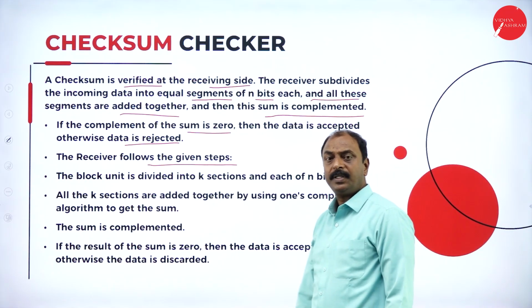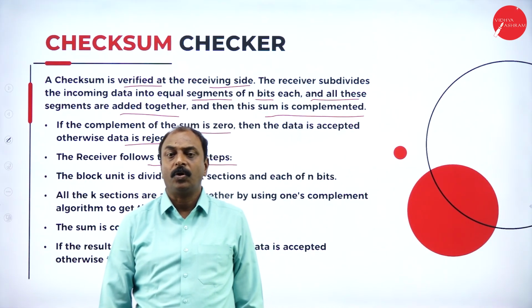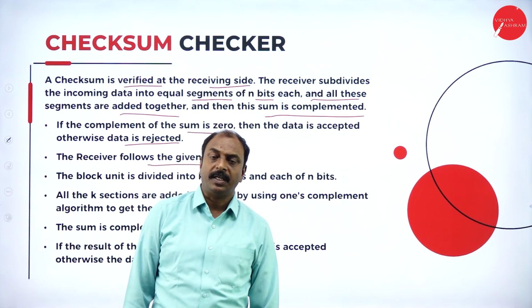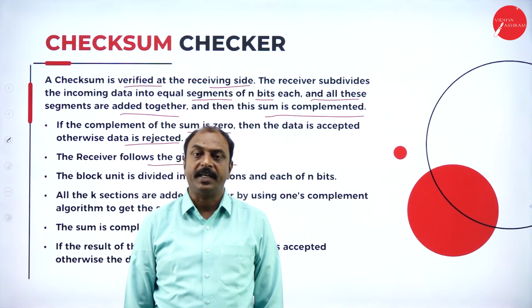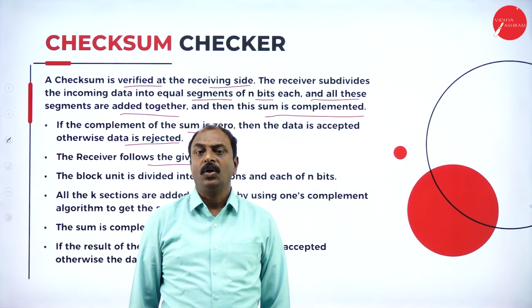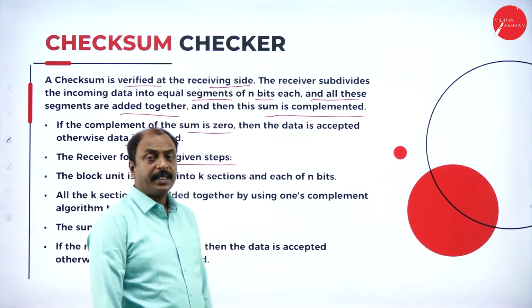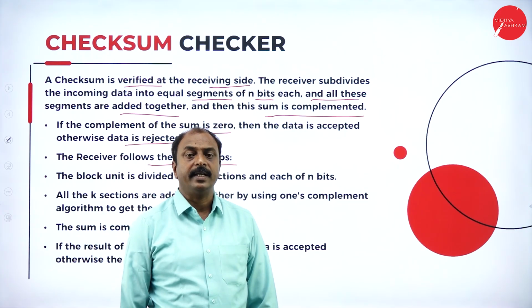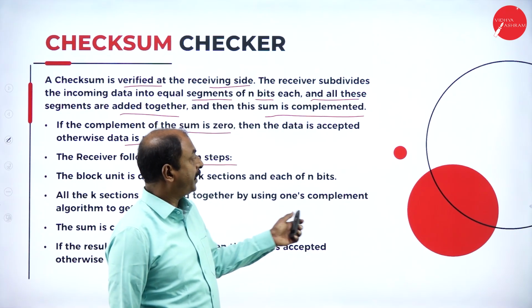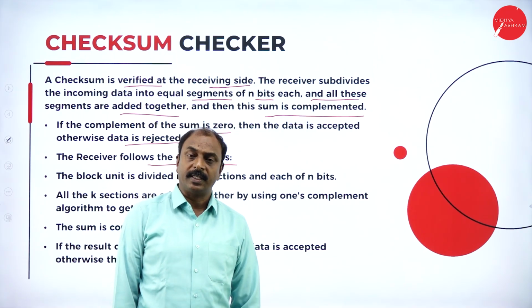So in this example, checksum is a method of error detection during data transmission in a network. There are two stages. One is the checksum generator, which is at the sender end, and the other is the checksum checker, which is the verification.